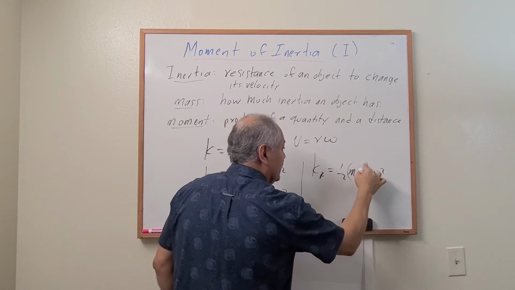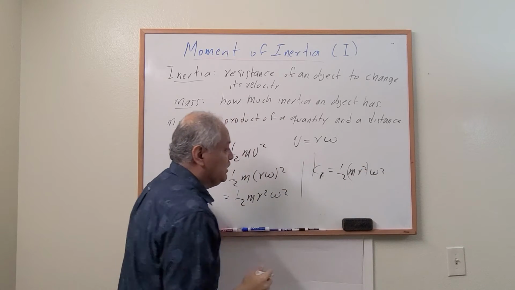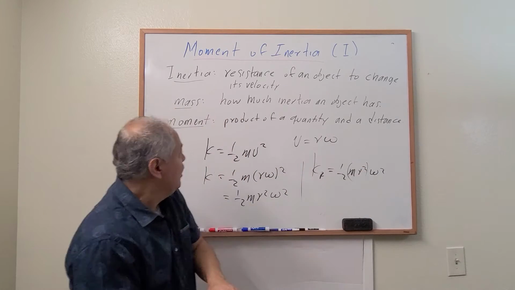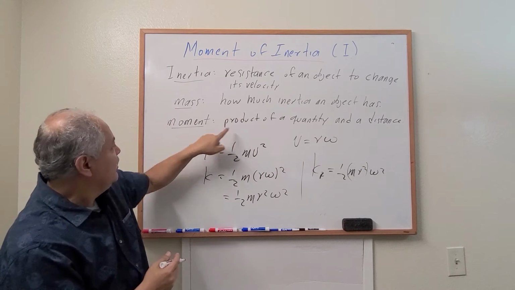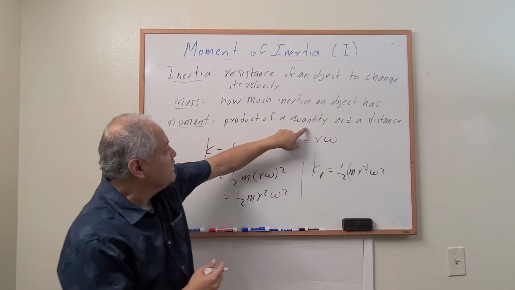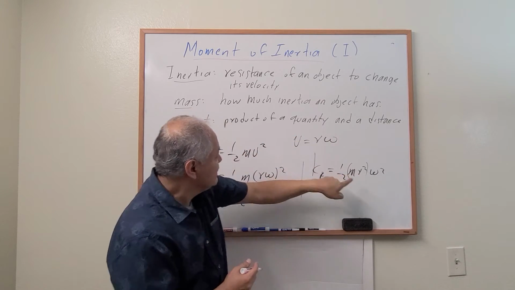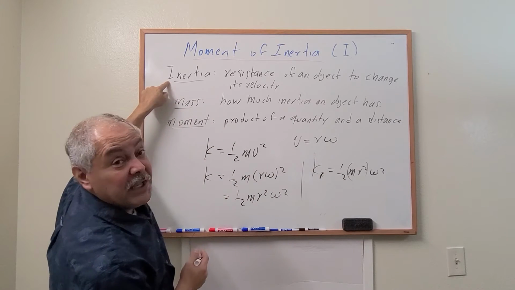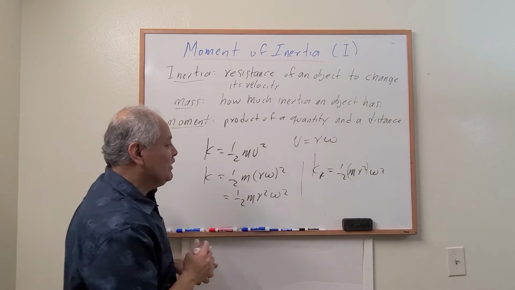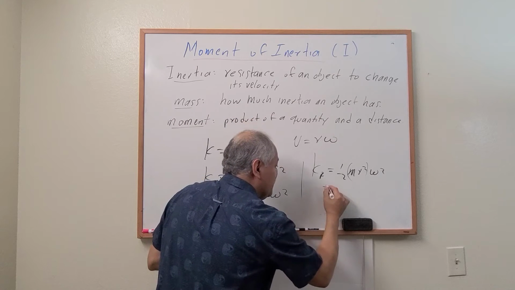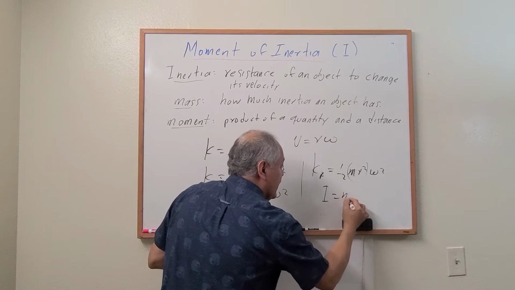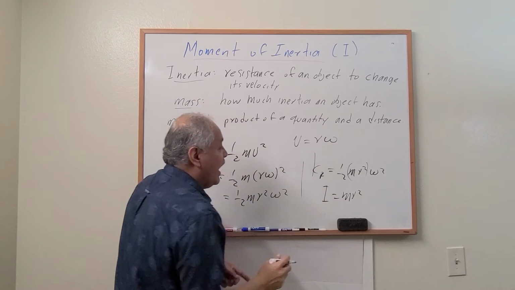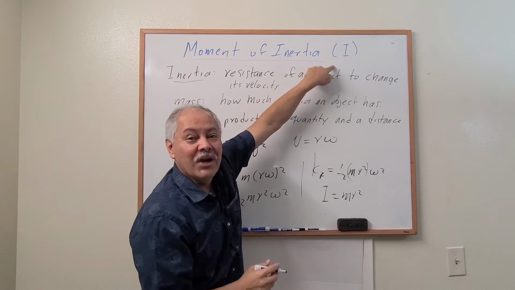Now this quantity relates mass and distance, which is coming from this product, from this definition, product of a quantity and the distance. Quantity and the distance give us a moment. Moment of what? Moment of inertia, correct? So then we define this product, m r squared, as the moment of inertia.